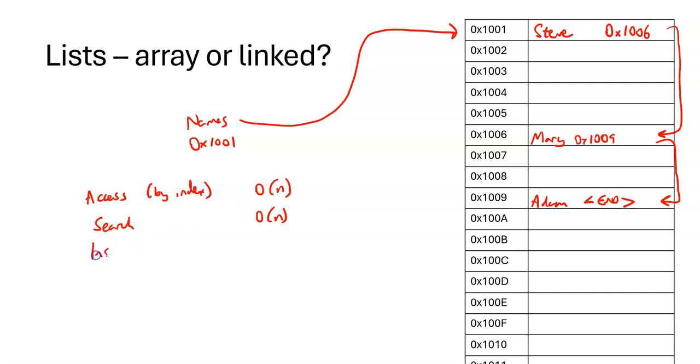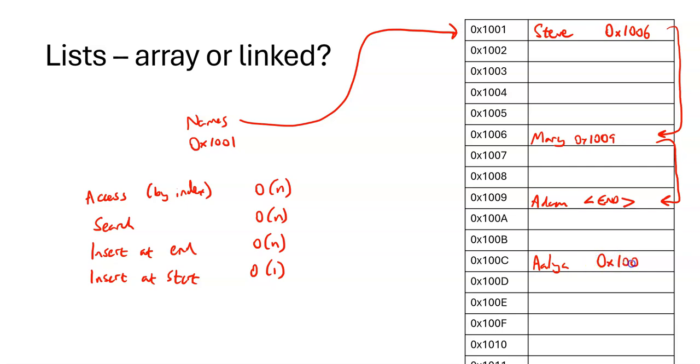If we wanted to insert at the end, that is going to be big O of n. If we wanted to insert at the start, that's not going to be. That's going to be easier because that is going to be constant time. The way that would work, I would add another person. So maybe we would say we want to add Alia at the start of the list.